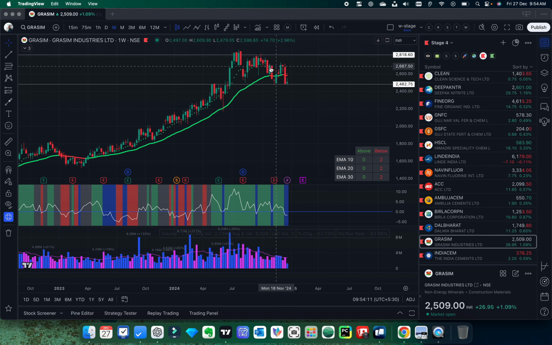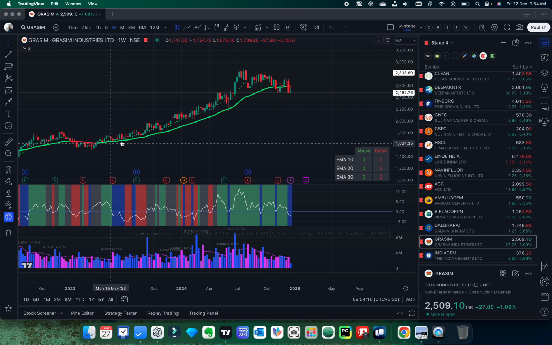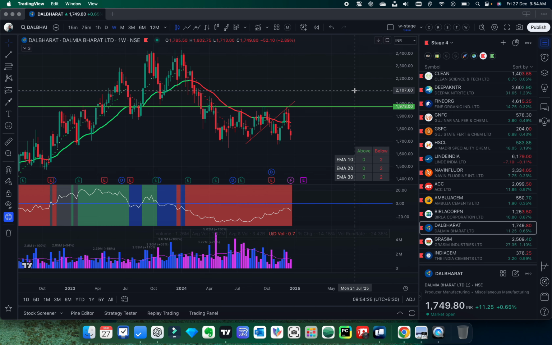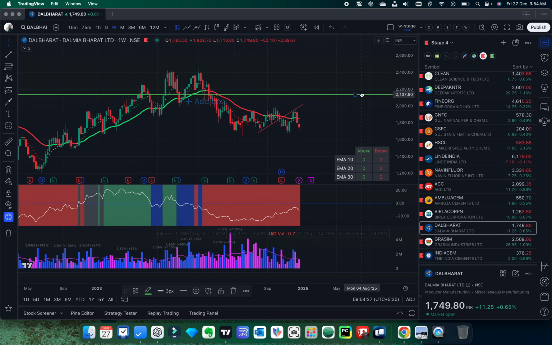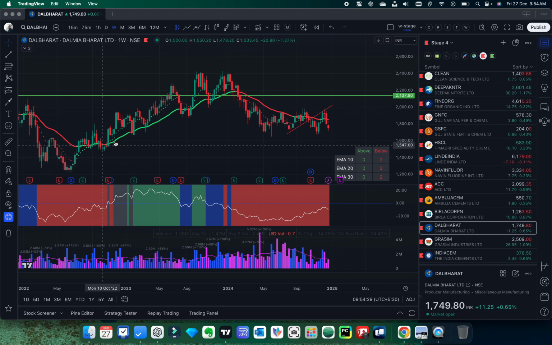Grasim. So it is still in the topping stage. After a good rally, here we have a little basing, and this is a topping. Yes. So here stage 2, stage 3 and stage 4.